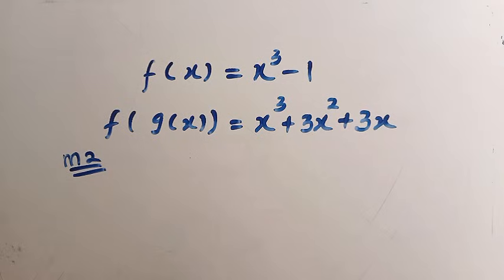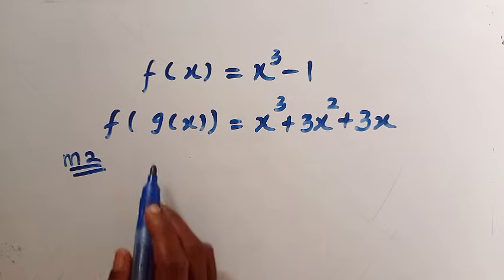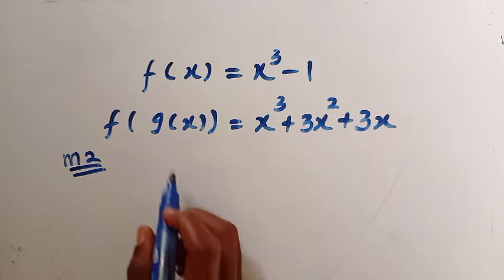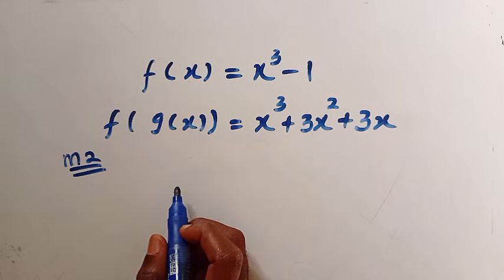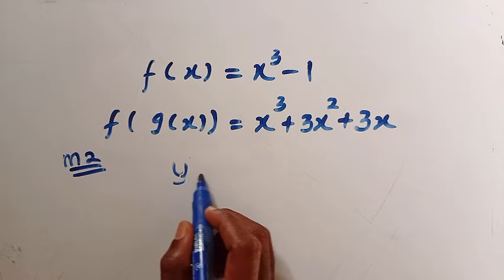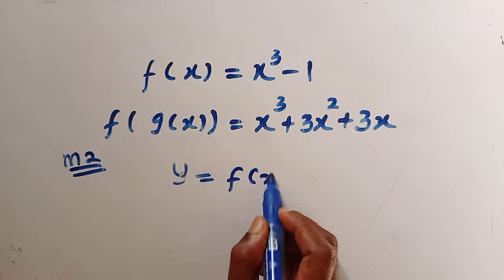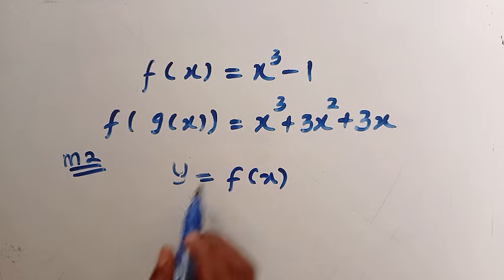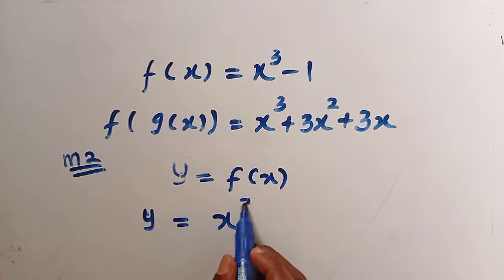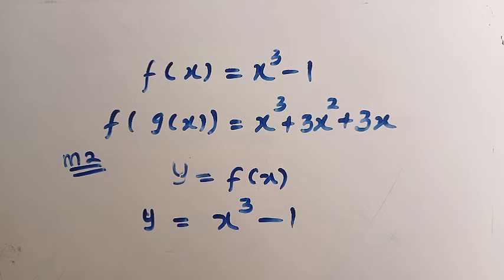Let's use the inverse method to solve this. How can inverse be applied to get this g of x? It's very simple. First, from f of x equals x cubed minus 1, let y equal f of x, then the equation becomes y equals x cubed minus 1.